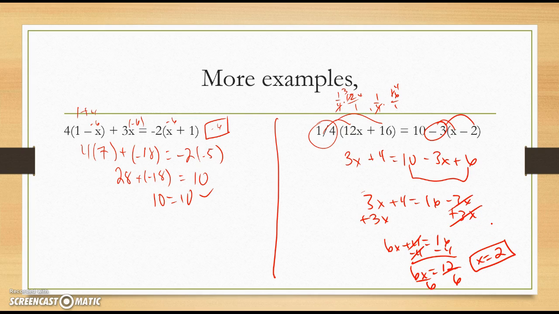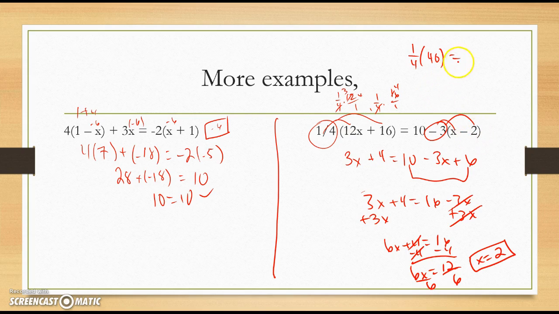So plug it back in to check. 12 times 2 is 24. So 24 plus 16 is 40 equals, if I plug in 2 here, 2 minus 2 is 0.